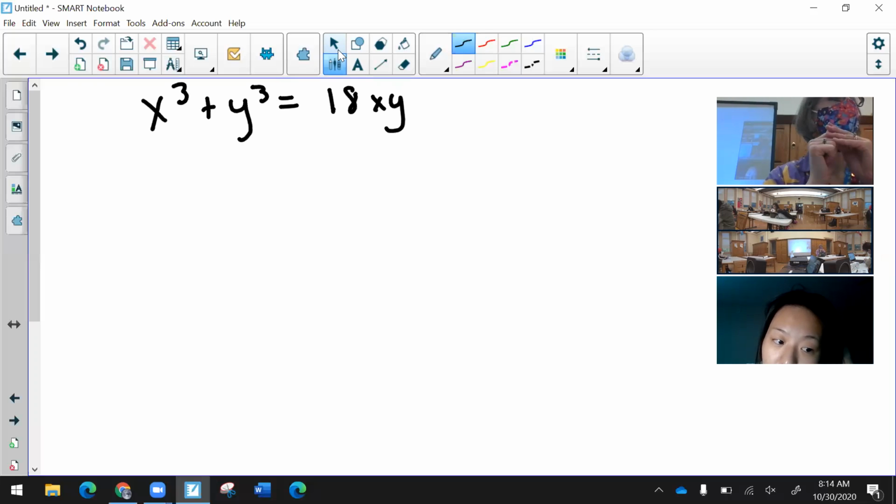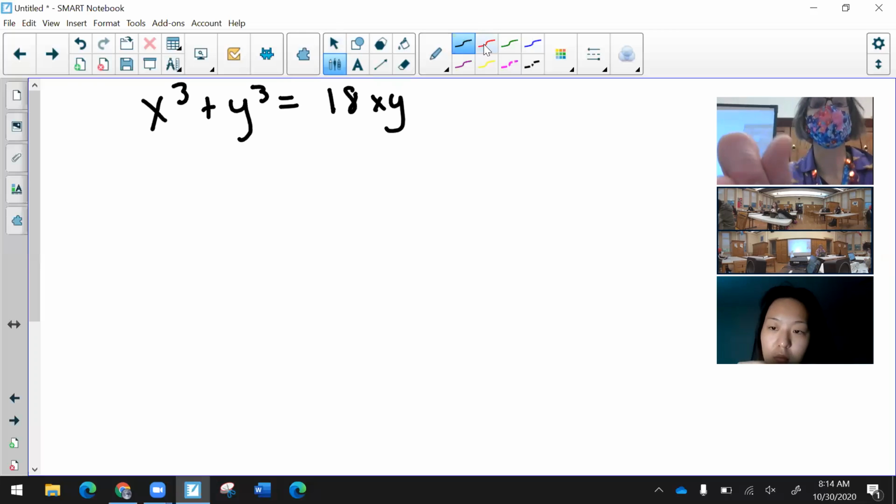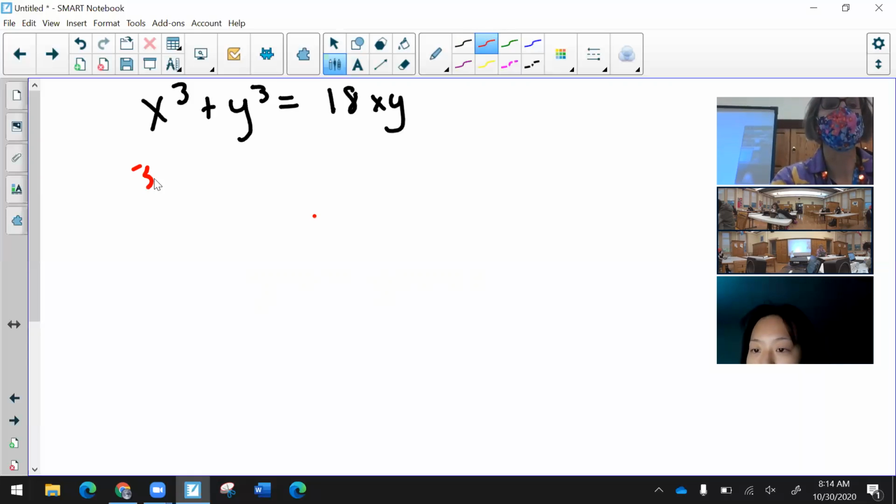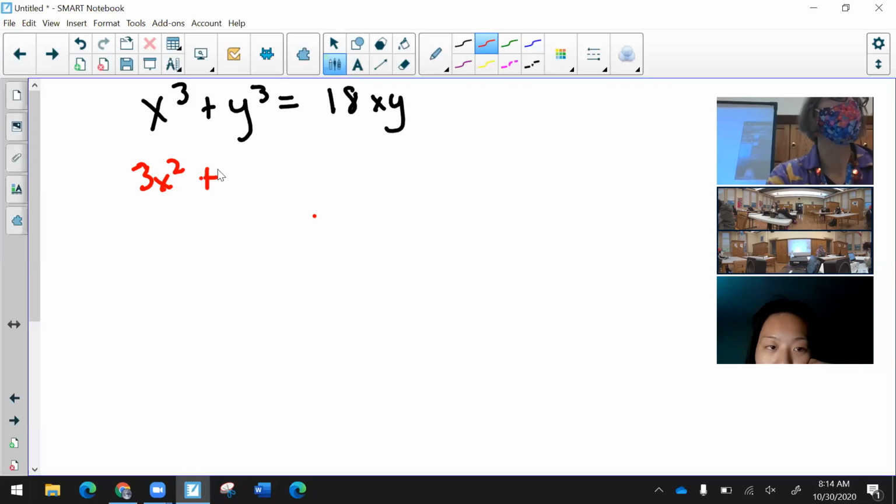Okay. So it's a perfect example again of where we want to use implicit differentiation. So my first term is just a function of x. So what's the derivative of the first term? 3x squared.